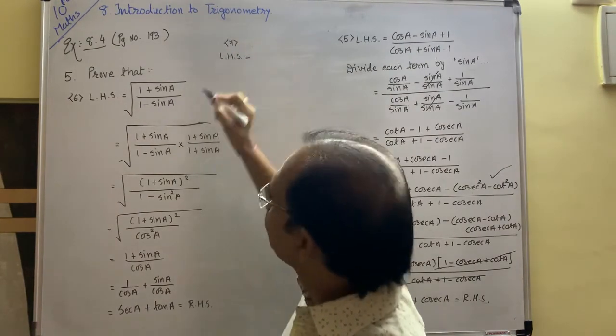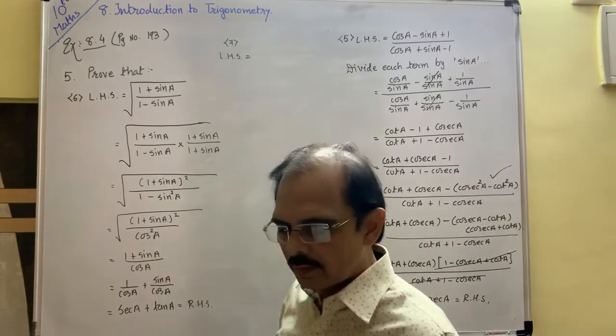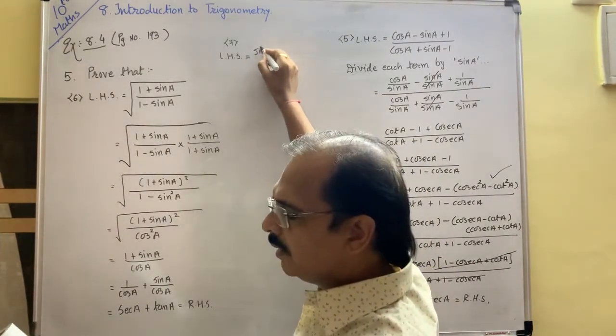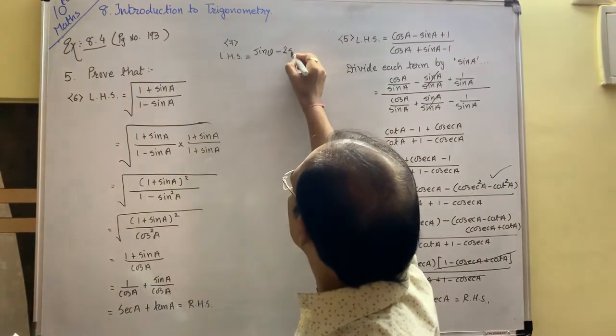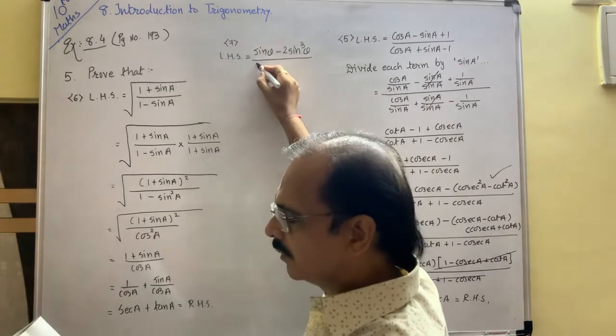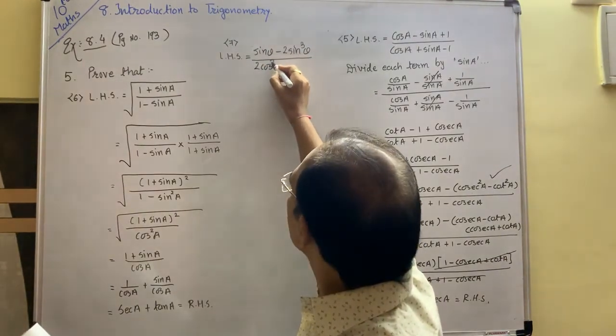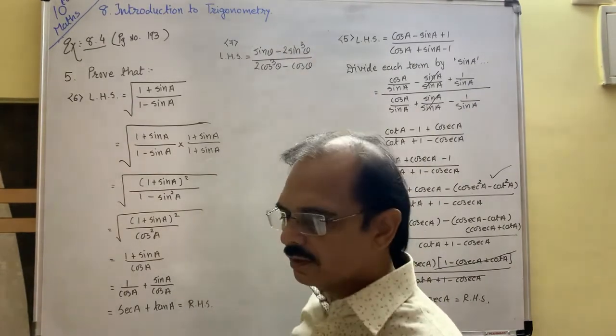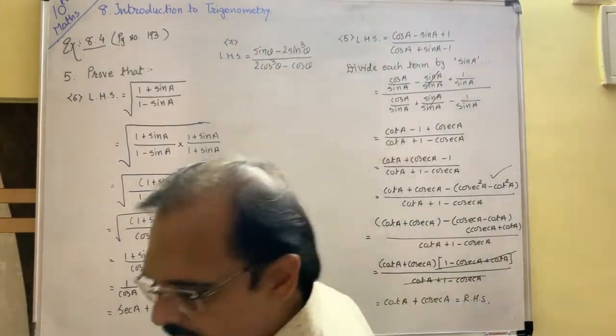Okay. 7th number, LHS. There is a sin theta minus 2 sin cube theta upon 2 cos cube theta minus cos theta. I want tan theta as RHS.